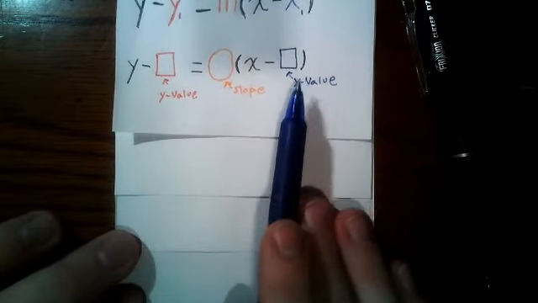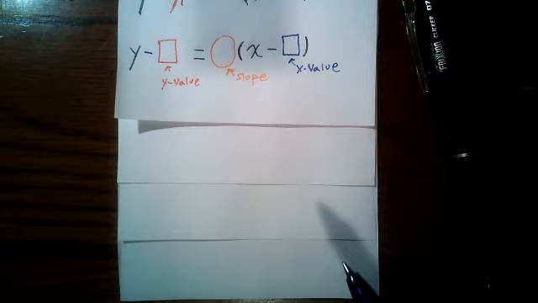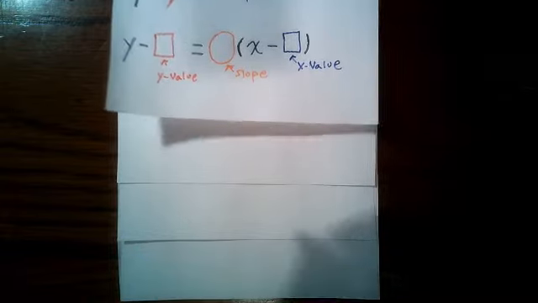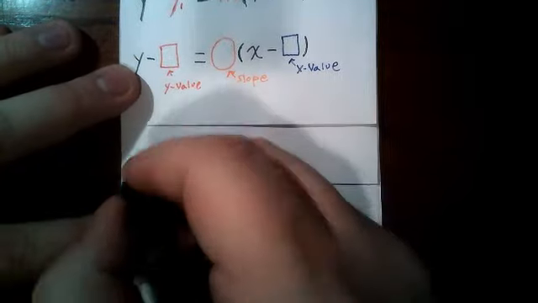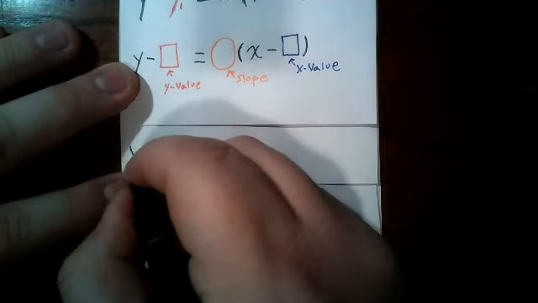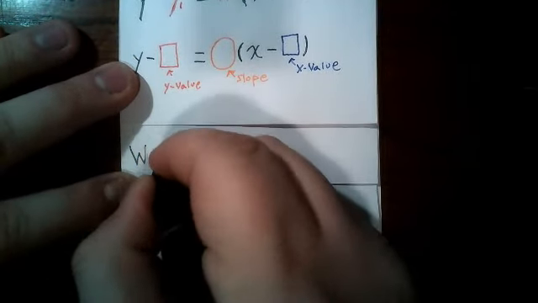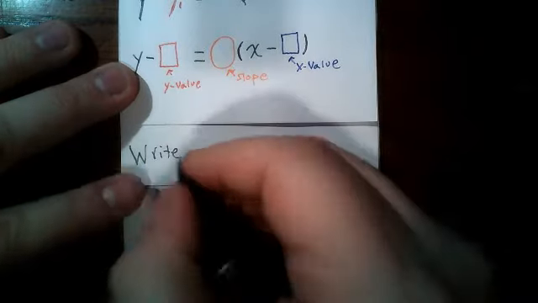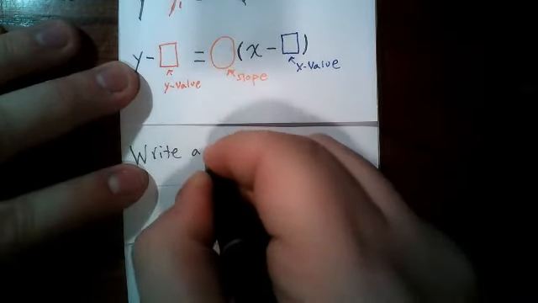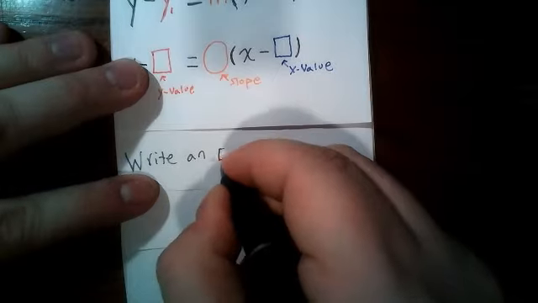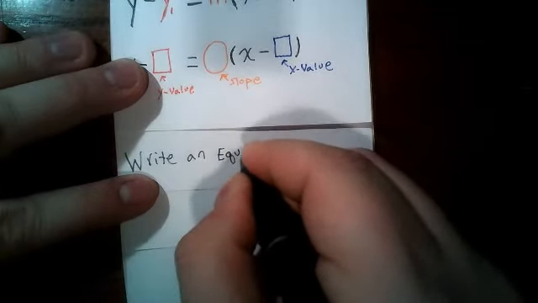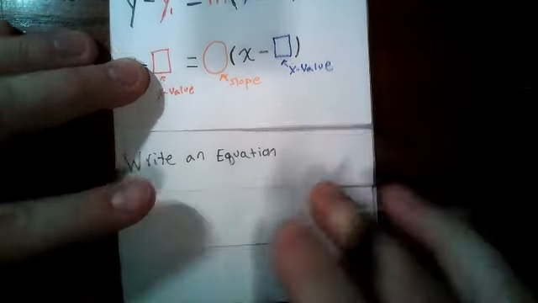Now, when do we have to use this? That's probably the question you're asking. You're going to have to use this if you want to write an equation given a slope and a point.